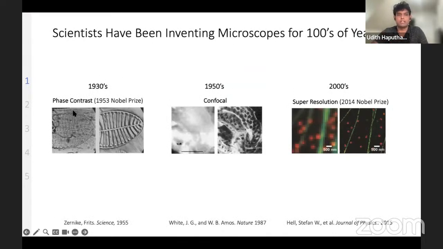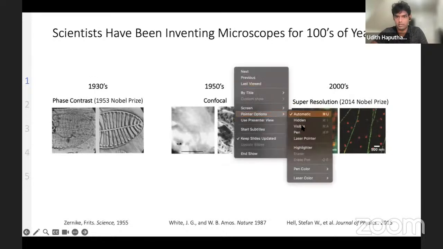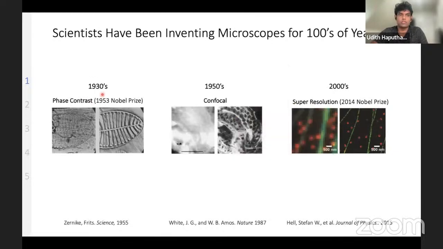First, if I go back to the history, there are microscopes invented at different time points. The first one is phase contrast. Here, we are given a particular complex electromagnetic field, and our goal is to extract the phase of the field.